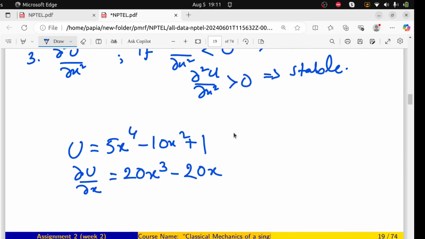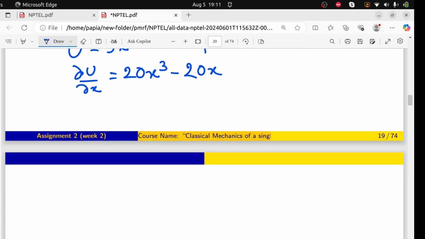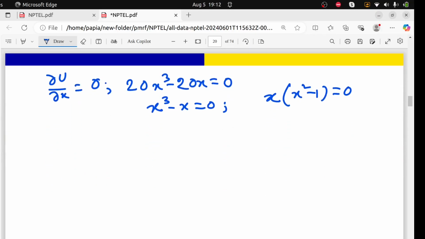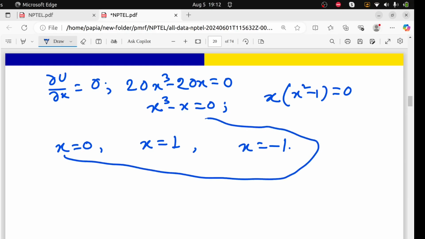And I have to put del U del x equals 0. So 20x cube minus 20x equals 0. Then I am getting x cube minus x equals 0. That means x into x square minus 1 equals 0. Means x equals 0, x equals 1, x equals minus 1. So I will get 3 points of x.